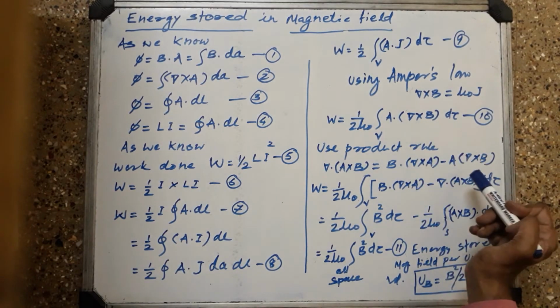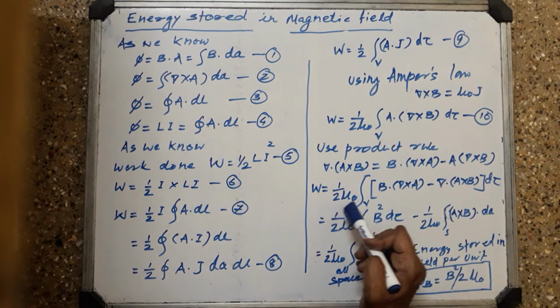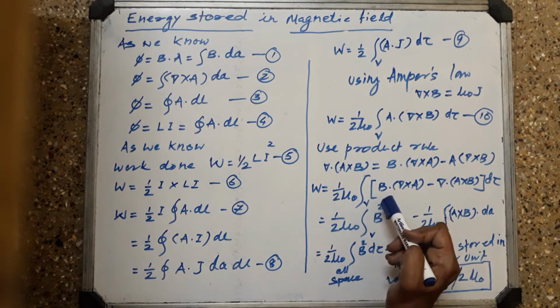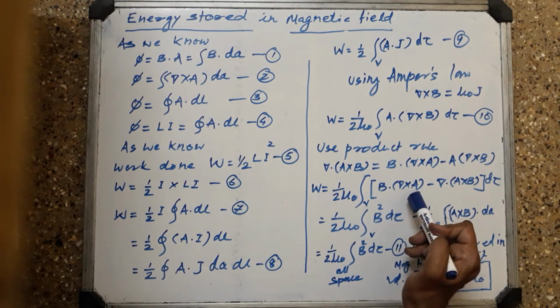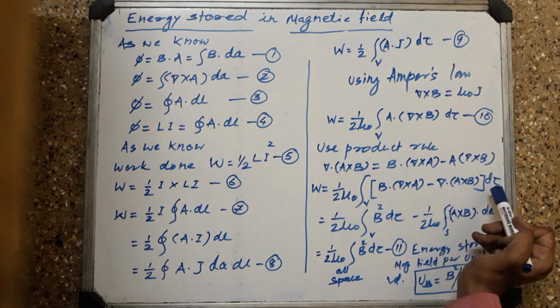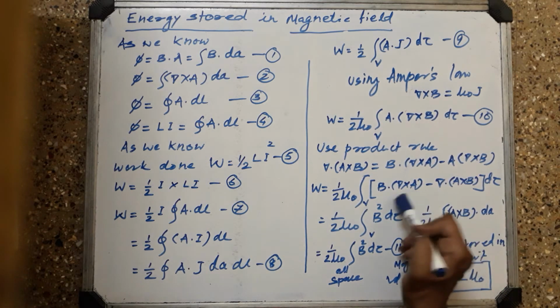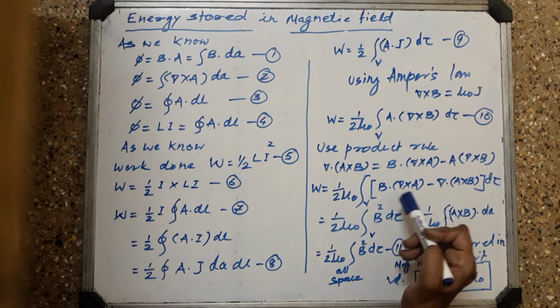So I will put this here. Using this A dot del cross B, you just simplify this and write it 1 by 2 mu naught volume integral of B dot del cross A minus del dot A cross B d tau. As already you know del cross A is B. So this is B square.